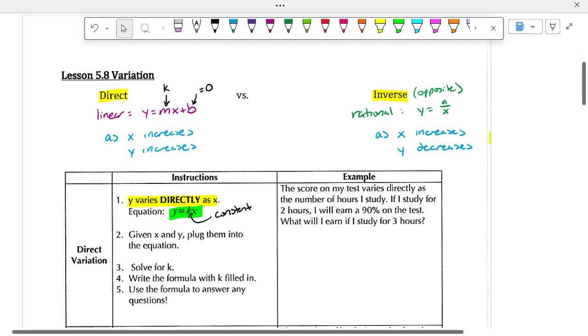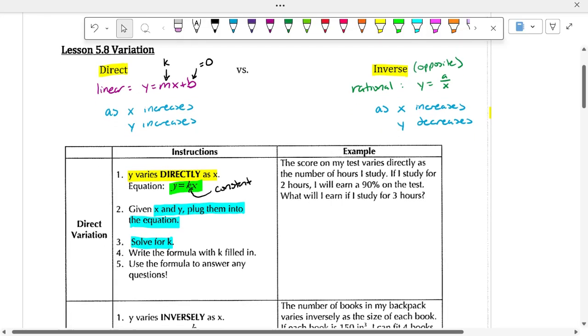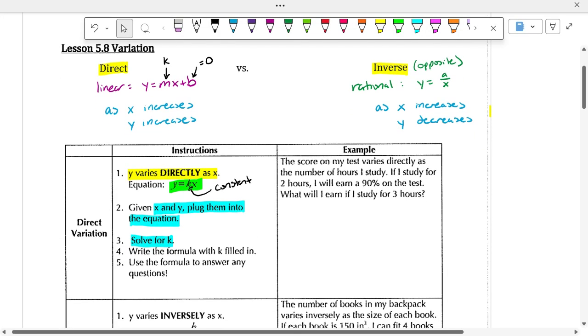Now, typically what they'll do in these types of problems is that they'll give you a sample x and y to plug into the equation and solve for k. Then we use that k value to solve for a different y or x, depending on what they give us.